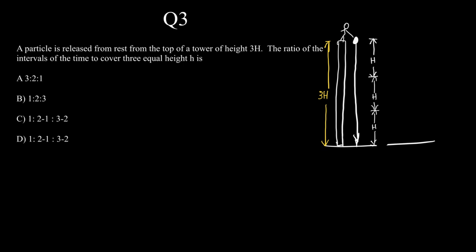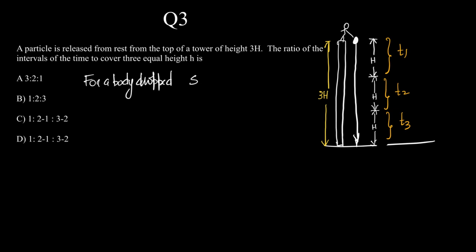So let us assume that this much distance h, the first 1/3, was covered in time t1, the second 1/3 was covered in time t2, and the third 1/3 was covered in time t3. Alright, so we know for a body dropped, what is S equal to?